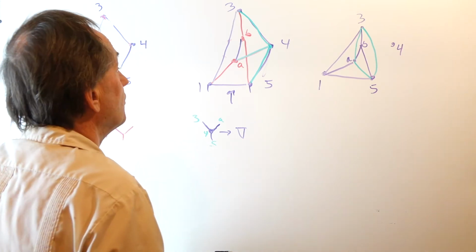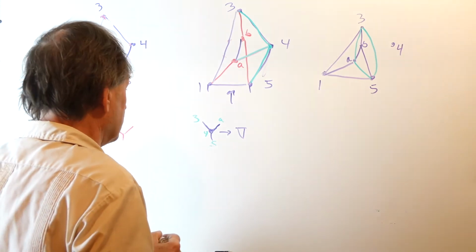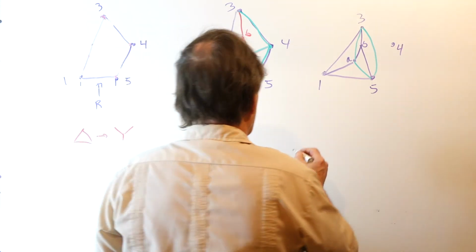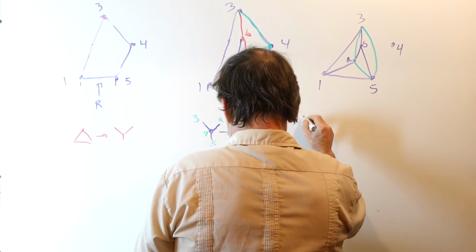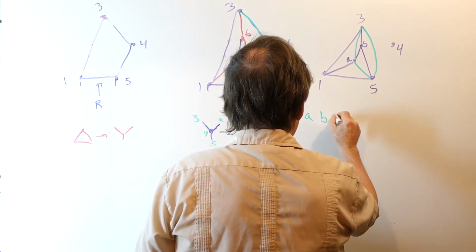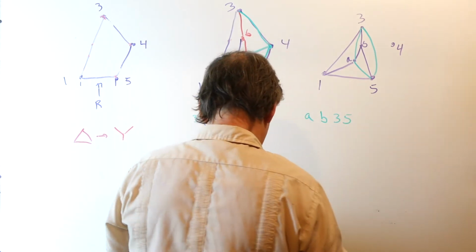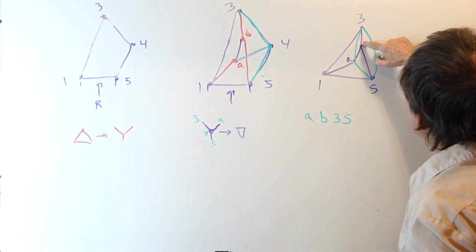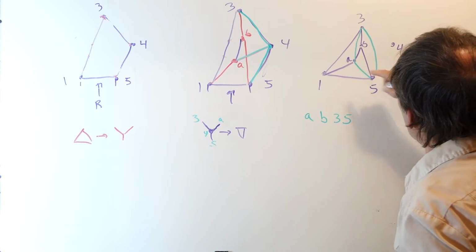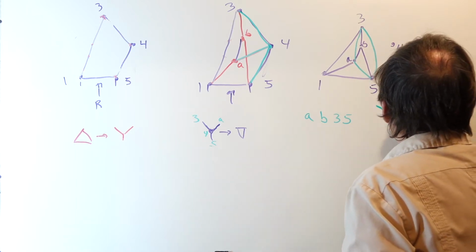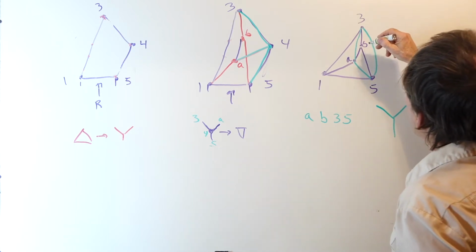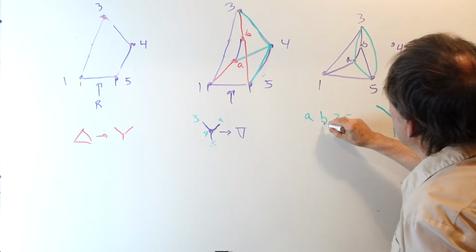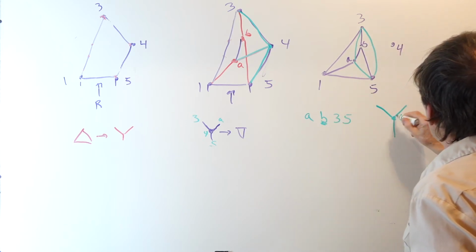Now we're going to do another Y conversion. We're going to use nodes A, B, 3, and 5. So here's our Y. B is going to be our neutral.